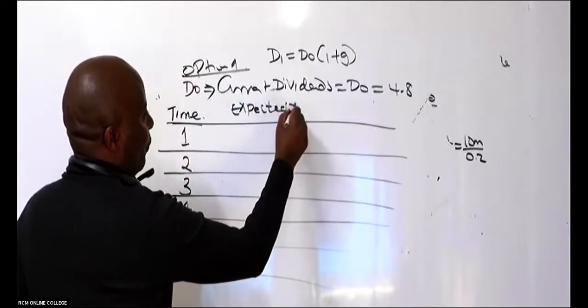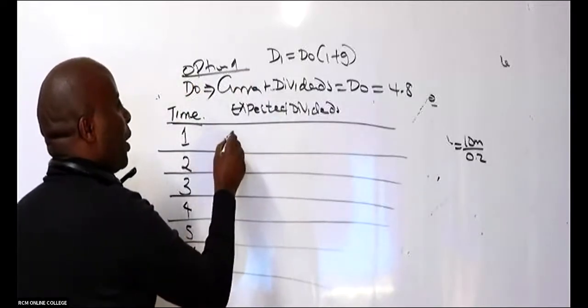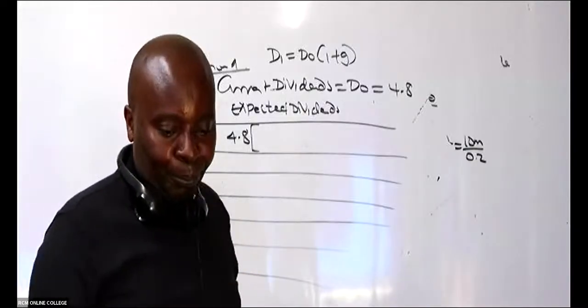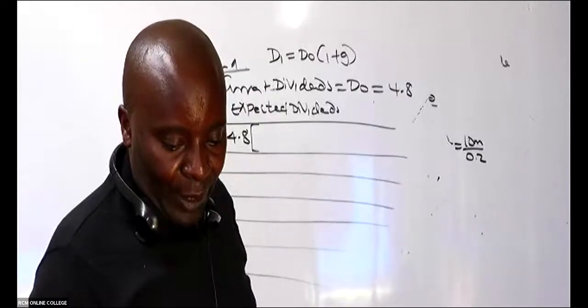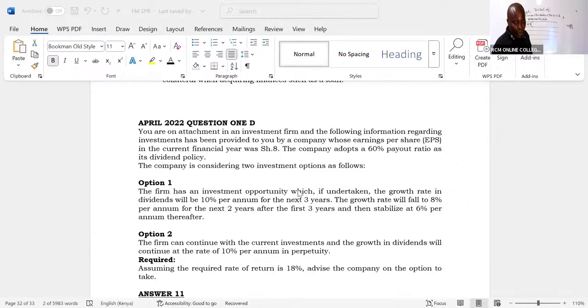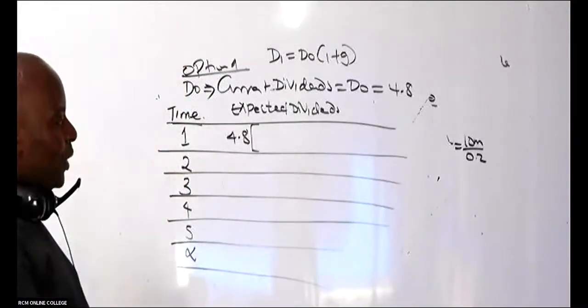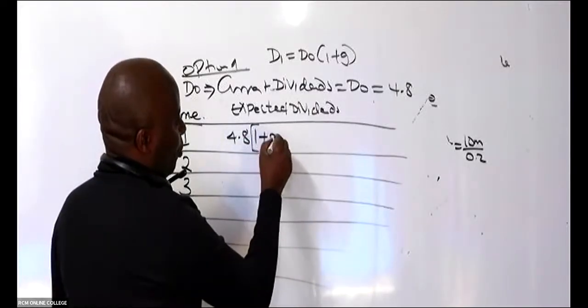They have told us, of course, 4.8, and for the first 3 years the growth rate will be 10% per annum. So now, 4.8 times 1 plus 0.1.